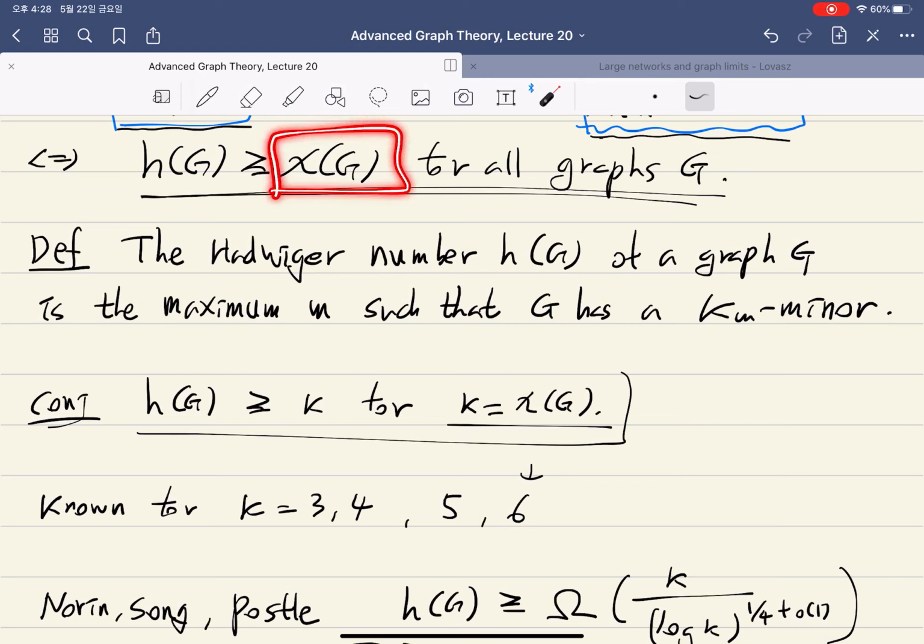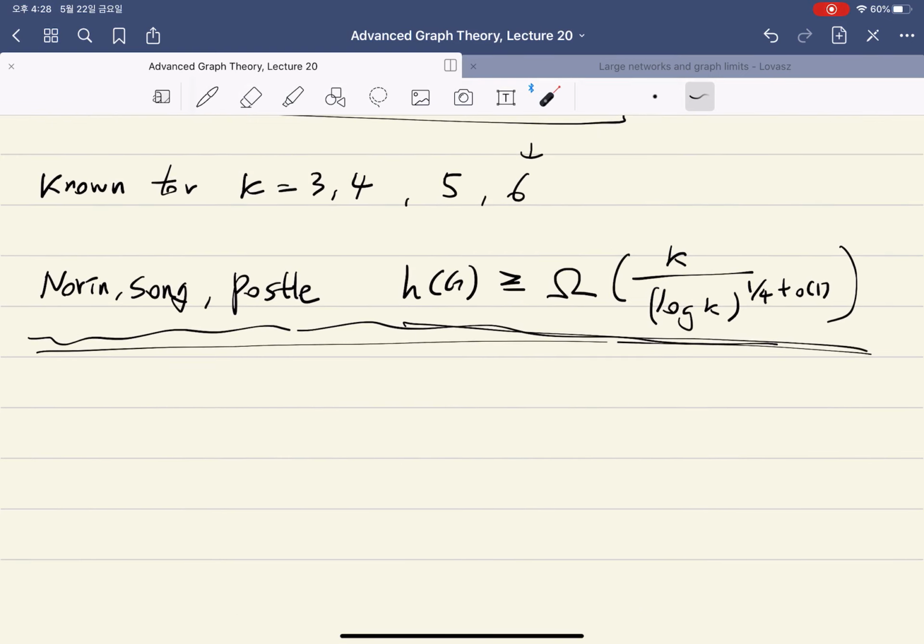And there are several ways to upper bound the chromatic number. One of them is using the degeneracy. We know that the chromatic number is at most r plus 1 when r is the degeneracy.